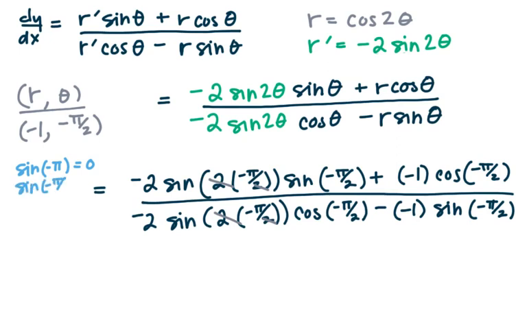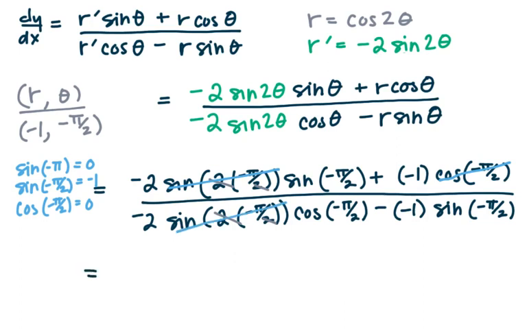Sine of negative pi over 2 equals negative 1. And cosine of negative pi over 2 equals 0. So this will zero out, this will zero out, and this term will zero out.